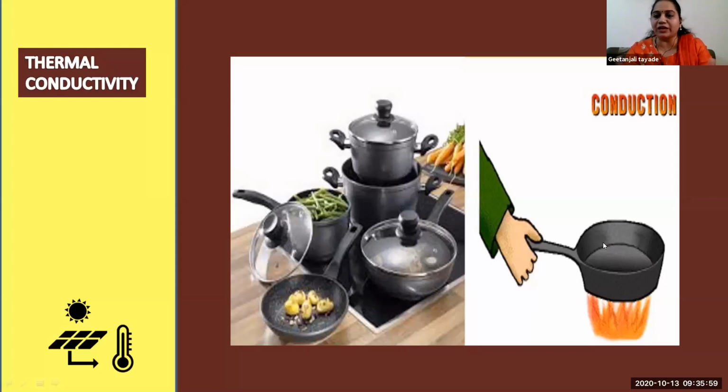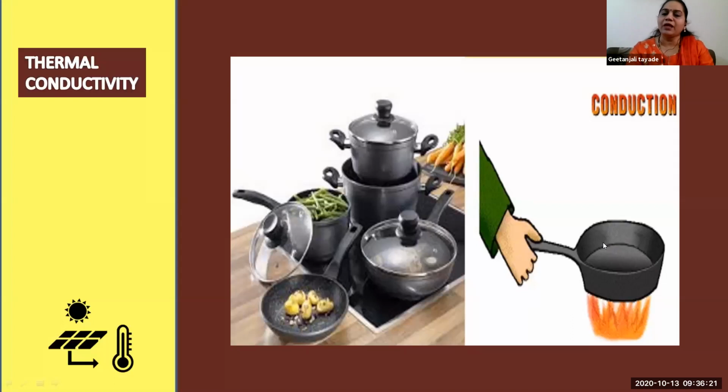But if she uses that soil pot, it will take more than half an hour only to heat up, and after that mom will give a tarka to the sabji, and after that the vegetable gets cooked. So it will take 2 hours to get a single vegetable ready. So we are not using soil pots.